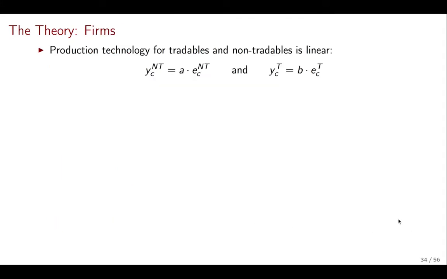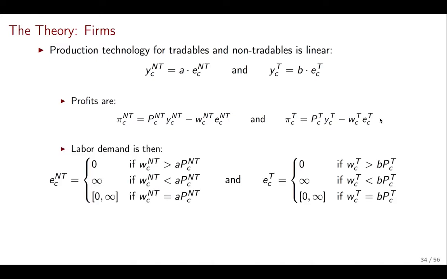What about firms? Well, production technology is going to be linear, and so the amount produced in each sector is going to be proportional to the employment in that sector. Profits are going to be, of course, the revenue of the firm net of the wages, and we've already seen what happens when output is linear with respect to what the labor demand is going to be.